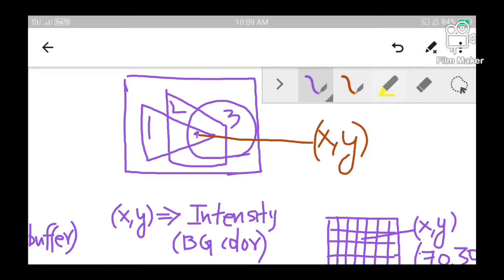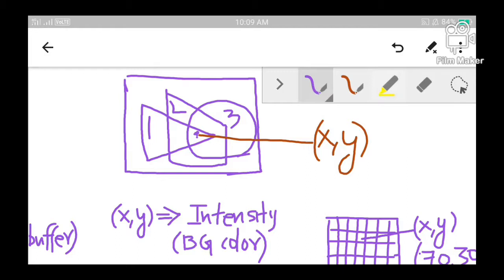The point XY belongs to surface 1, surface 2, and surface 3. If it belongs to all these surfaces, then which surface point should I plot? Should I plot the XY point of surface 1, or of surface 2, or of surface 3?